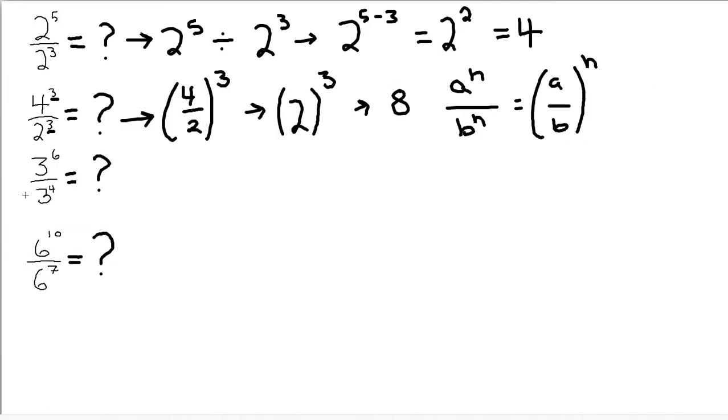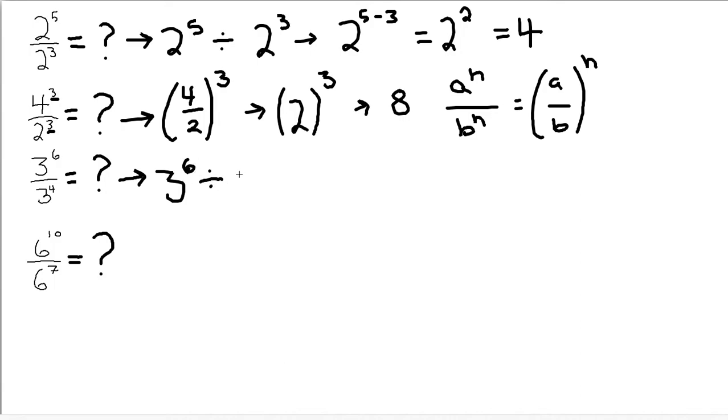Number three, the third example is actually going to be more like the first one. We're going to have 3 to the 6th divided by 3 to the 4th. Basically, pretend we're starting right here. 3 to the 6th.